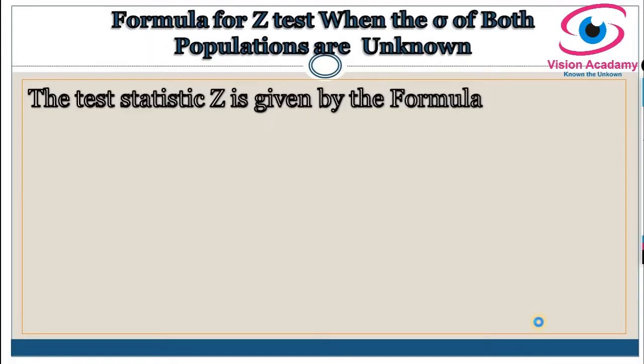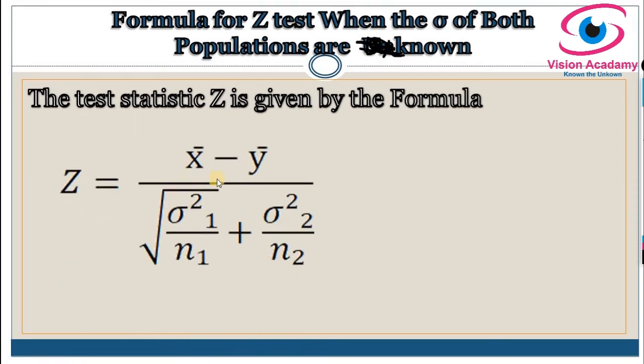Let us know the formula for the z-test for two populations, especially when the standard deviations of both populations are known. The test statistic z is given by the formula in this case. Since we have two populations and we want to test the means of both, we consider population 1 and population 2, with means mu 1 and mu 2.